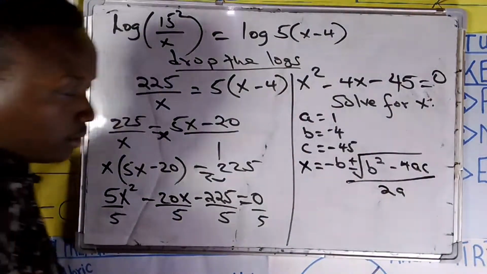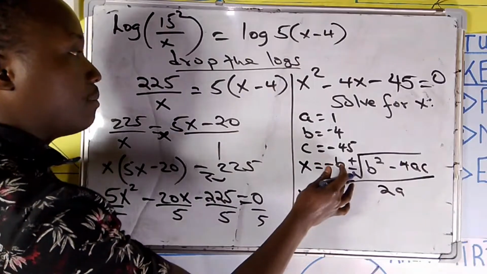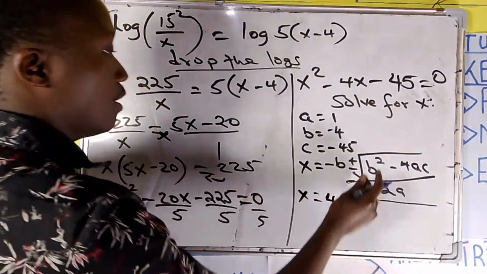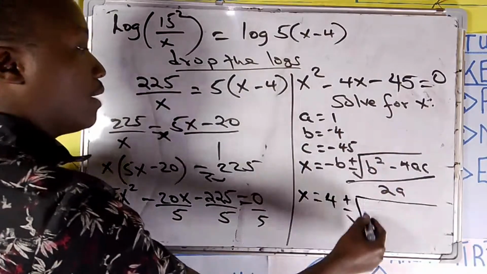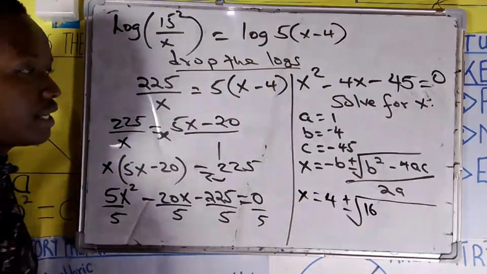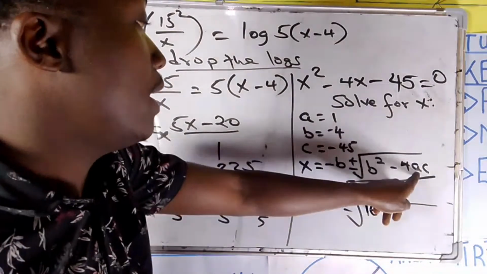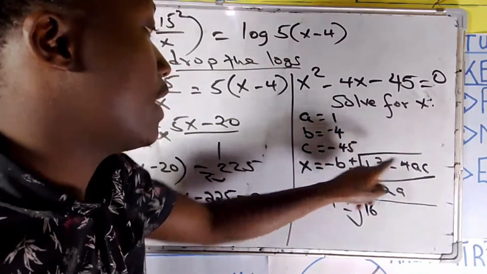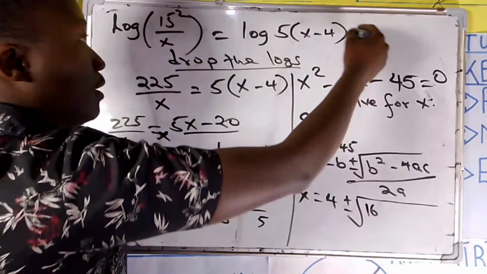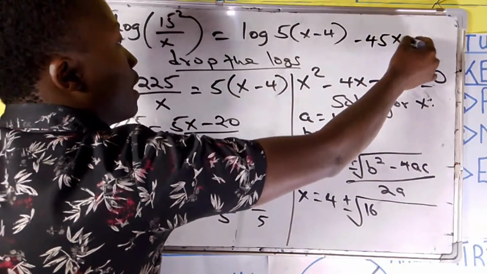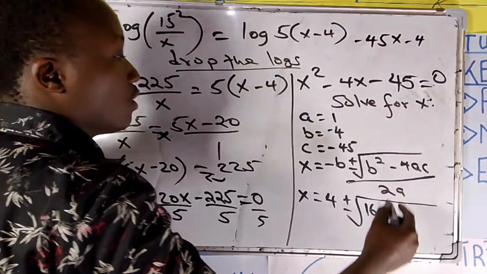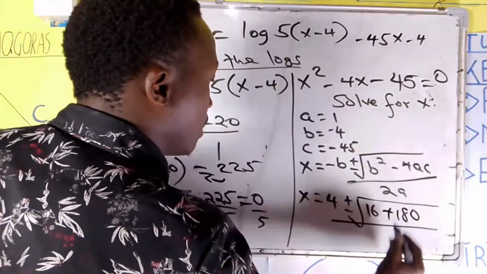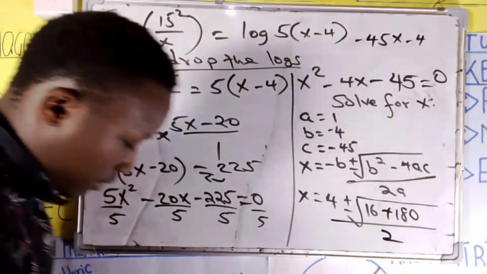So our x is going to be minus b, minus negative 4 is 4, plus or minus square root of b squared, negative 4 squared will be 16. Then minus 4ac will be minus 4 times 1 times negative 45, that will be equal to plus 180, over 2 times 1 is 2.